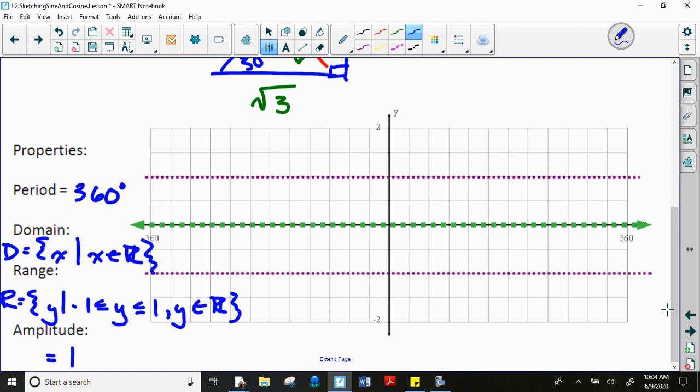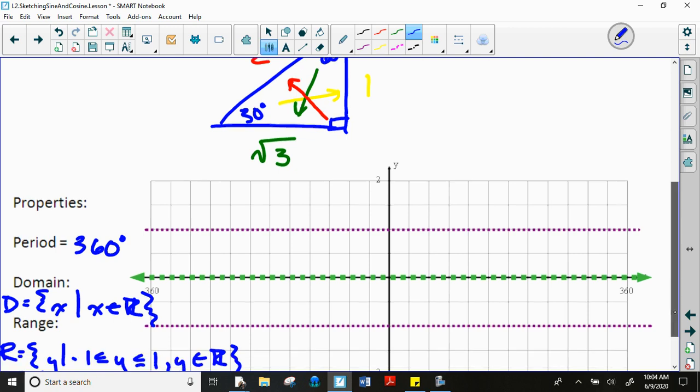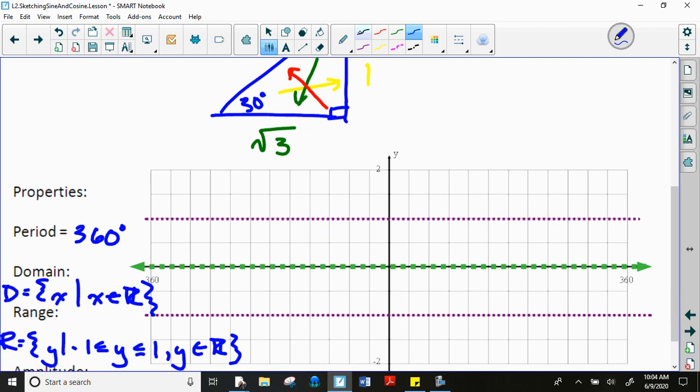So let's break up our axis into the 4 quadrants because this is a base graph. So 0 is here. This is 1, 2, 3, 90. 1, 2, 3, 180. 1, 2, 3, 270. 1, 2, 3, 360.